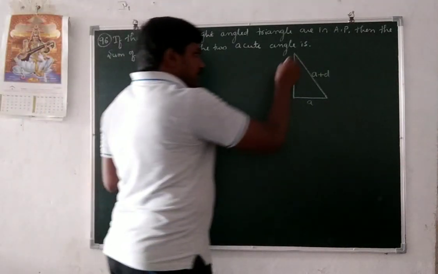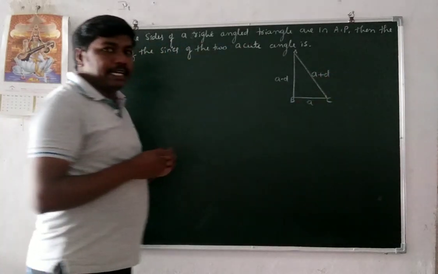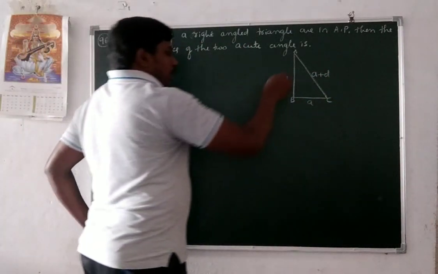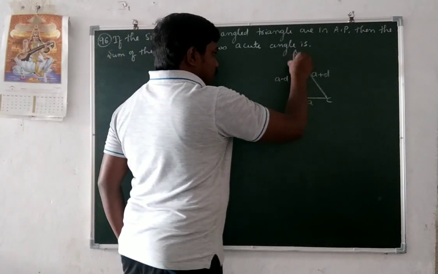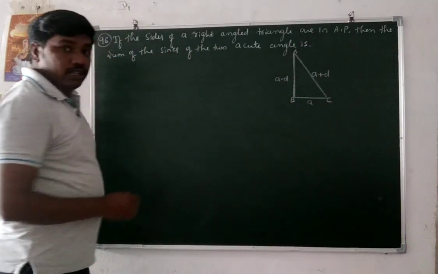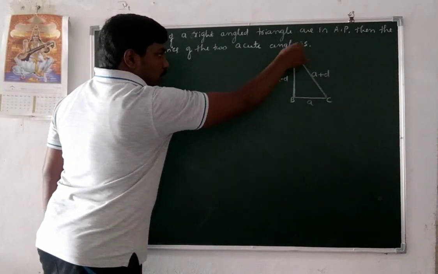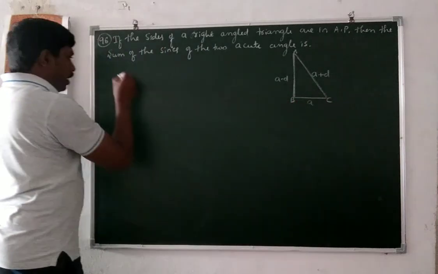Moreover, this triangle ABC is a right angle triangle. So by Pythagoras theorem, according to Pythagoras theorem, what is the Pythagoras theorem? AC square is equal to AB square plus BC square, right?